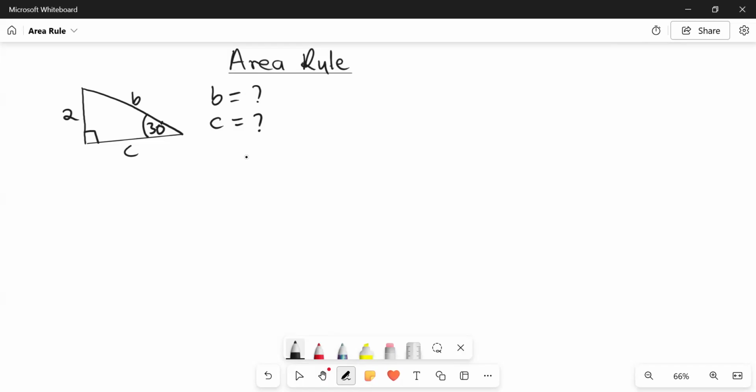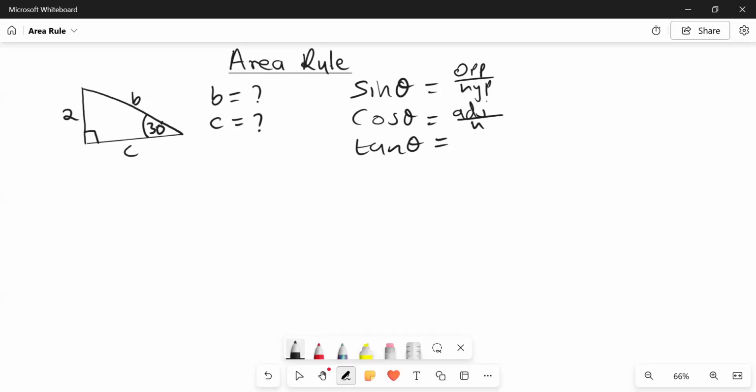For trig ratios, you have your sine theta, your cos theta, and your tan theta, right? For sine, we have opposite over hypotenuse. For cos, you have adjacent over hypotenuse. And for tan, you have opposite over adjacent, right?